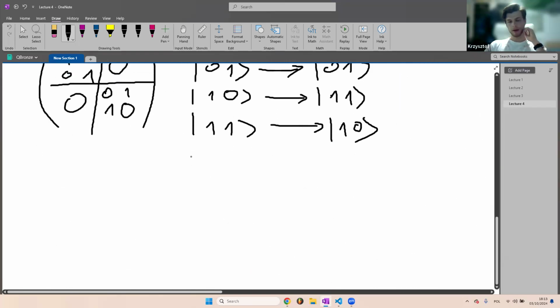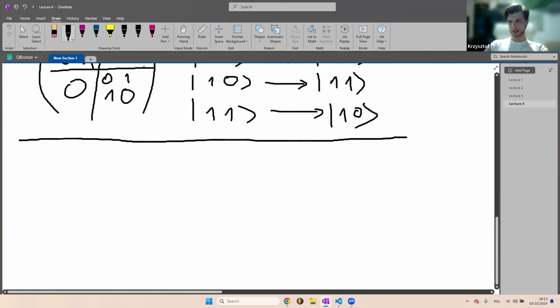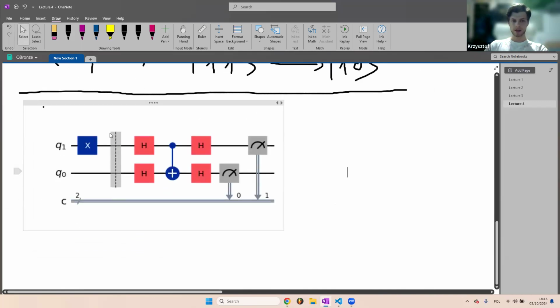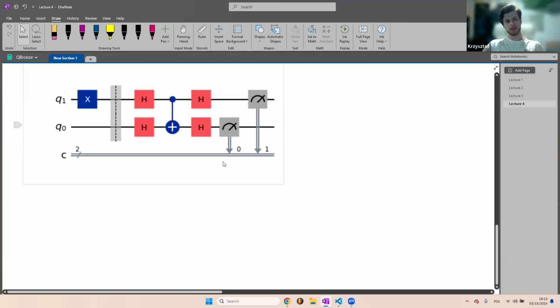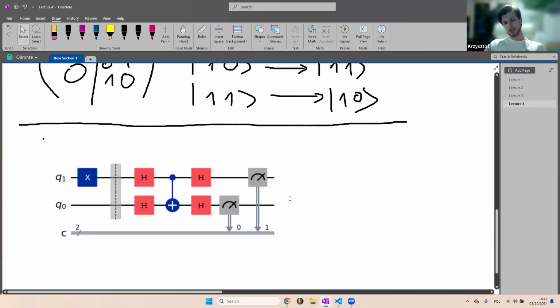Now let me talk about the phase kickback phenomenon. So imagine a circuit like this. I'm going to paste it here. Imagine a circuit like this. And we'll calculate the state of the 2 qubits in the circuit at each and every step of this calculation. And at the end, hopefully we will see some intriguing phenomena.